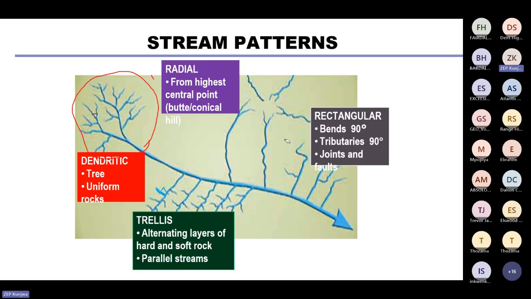That is radial there. Now, radial is, I'm going to try and draw again. These are streams which are coming from a high-lying area like a hill, for example.